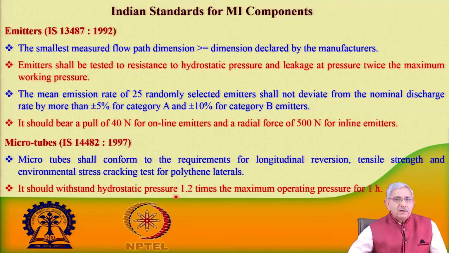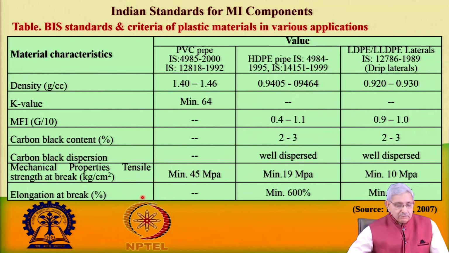It should withstand hydrostatic pressure 1.2 times the maximum operating pressure of the drip pipeline. And for different materials, say PVC pipeline, HDPE pipeline, LDPE pipeline, LLDPE pipeline, these are the different material properties, and these are the prescribed values.